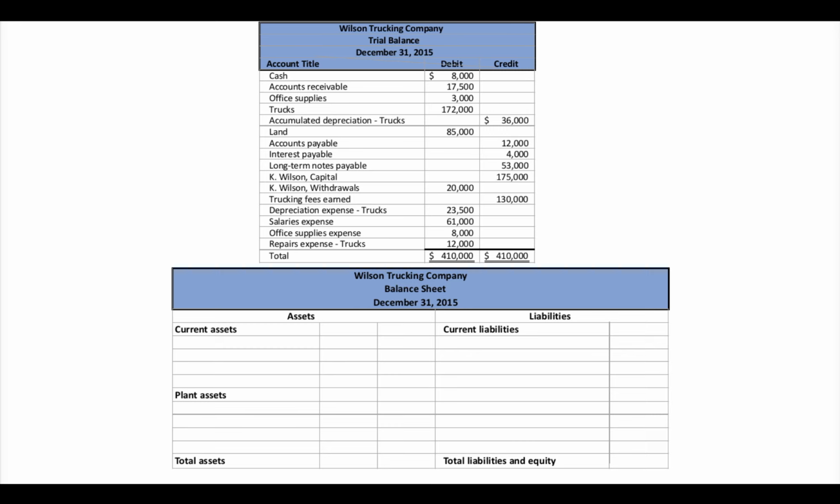So if the assets will be able to be turned into cash or are likely to turn into cash within 1 year, they're labeled current assets. And our other assets in this case are our long-term assets. These are our plant assets. Then on the other side, we've got current liabilities and long-term liabilities.